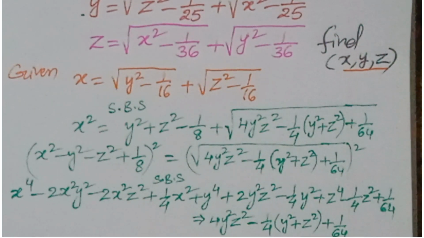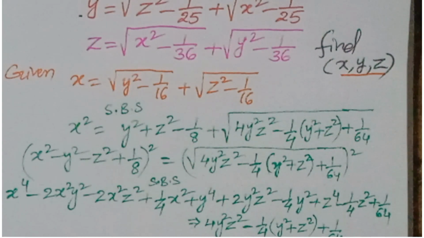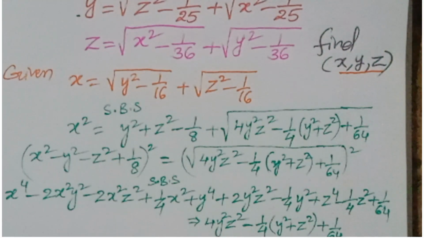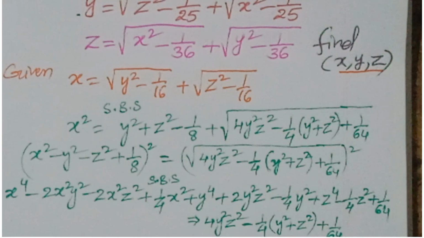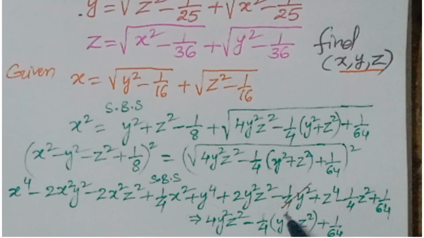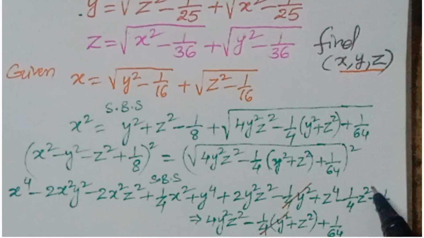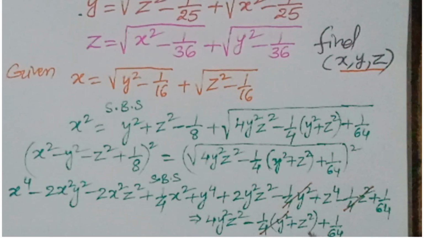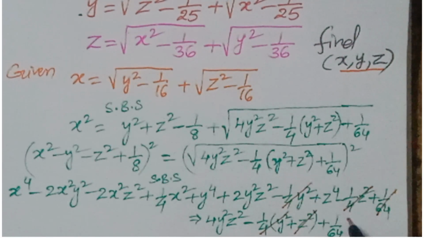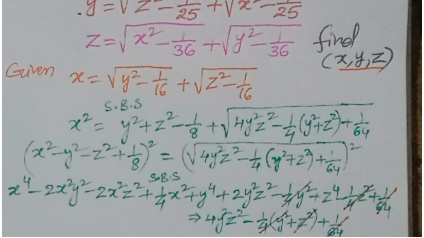So here some terms will get cancelled. What are the terms getting cancelled? 1 by 4 y square and 1 by 4 y square, minus 1 by 4 z square and minus 1 by 4 z square, and 1 by 64 and 1 by 64 get cancelled.